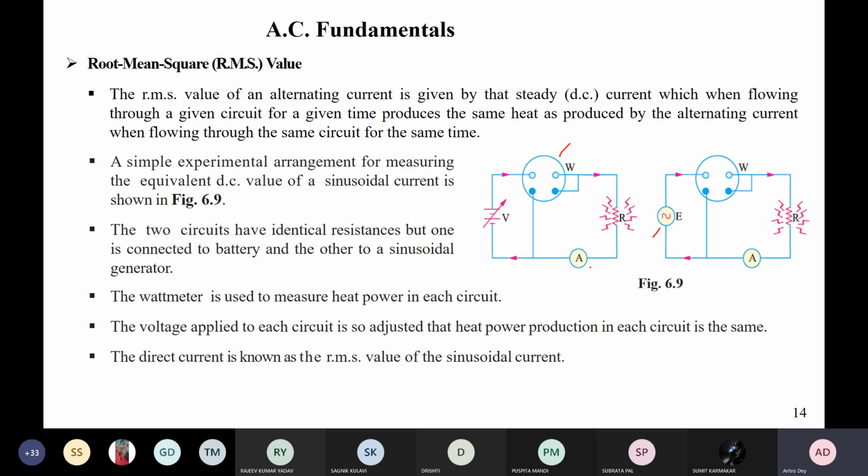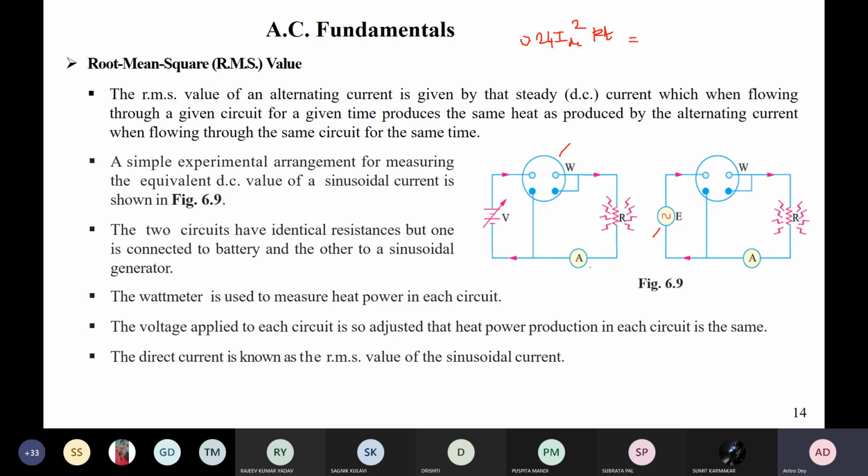That DC value will give you the effective RMS value for the AC supply. Okay. So how can we find it out? Here it is equal to I DC square R T times 0.24.